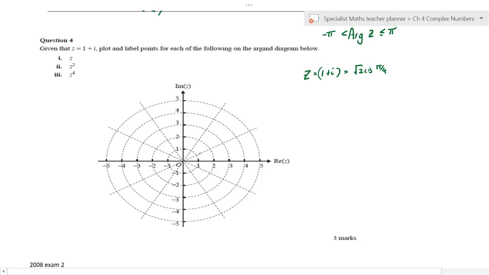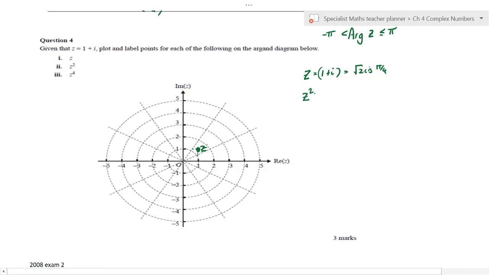Can you see there that if this is 1 and this is 2, root 2 is about 1.42 or something like that. Somewhere in there. 1 plus i, in actual fact, there you go. If you go across 1 plus i, that's going to be z right there. Can you see that? So you need to be very careful with these because this is the easiest marks you'll ever get. But you'll be surprised how many students get it wrong.